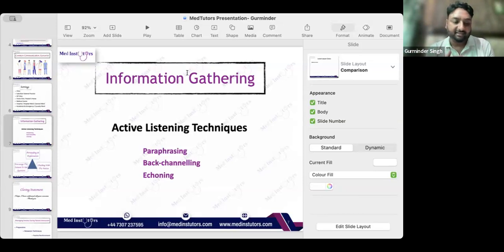We need to understand that speech and conversation are different. In a speech, you can speak in one go, but in a conversation, you need to give the other person a chance so that he can contribute. So once you feel that you're talking too much, more than 20 or 25 seconds, you can just take a pause and check with the patient.